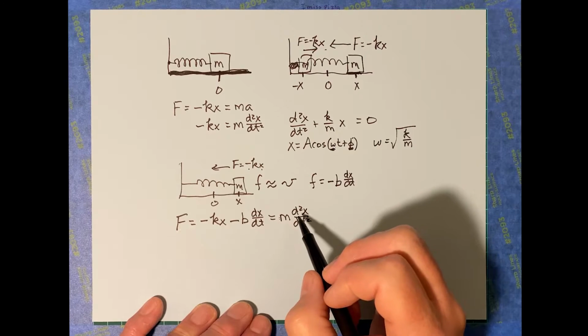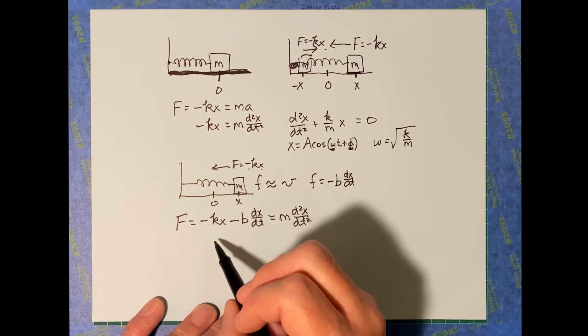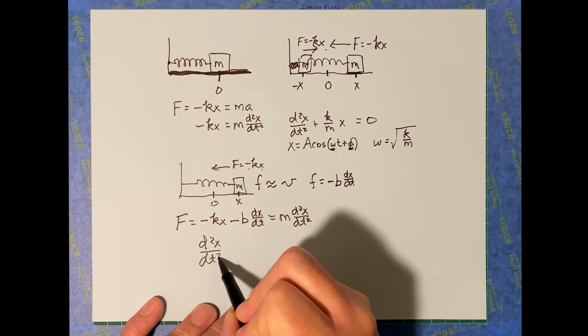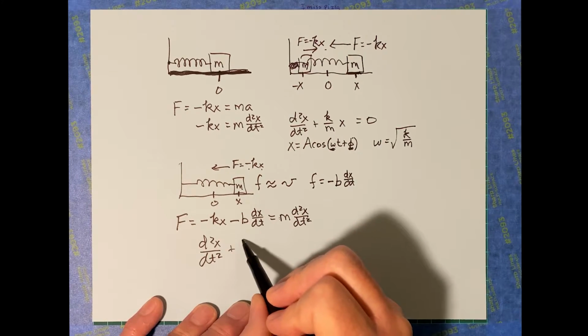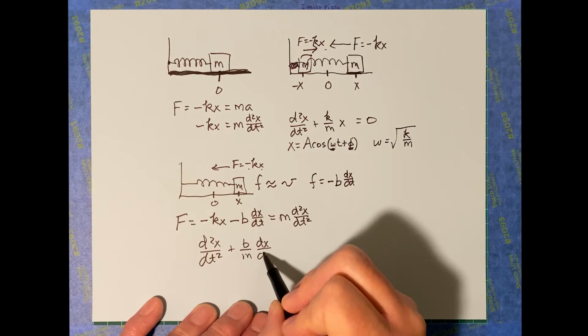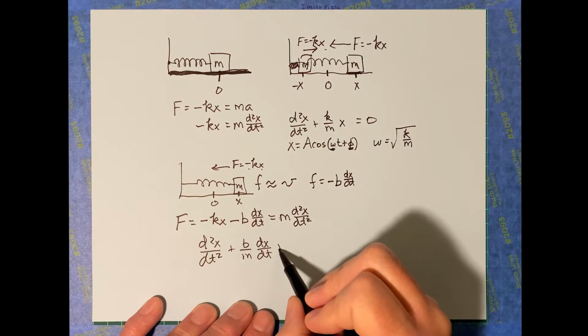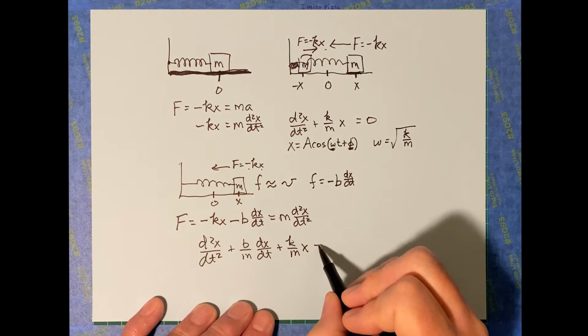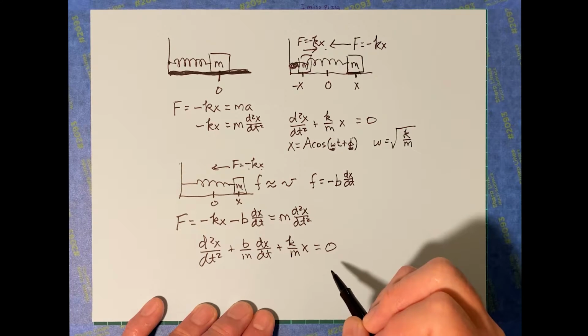Let's rearrange these terms now. Divide through by the m, and I've got d squared x dt squared plus b over m dx dt plus k over m x, and that's equal to 0.